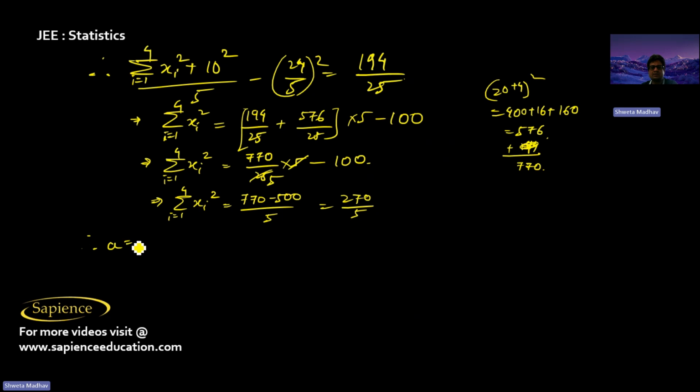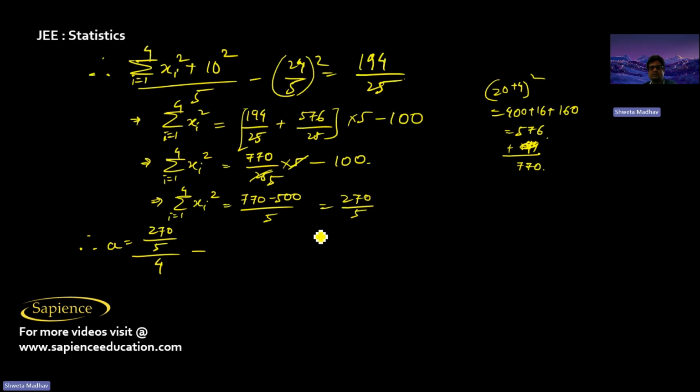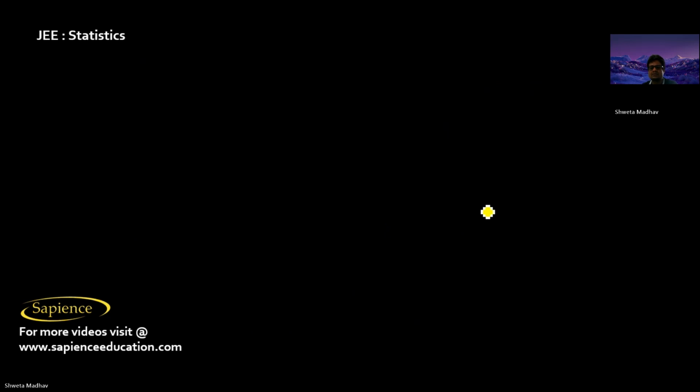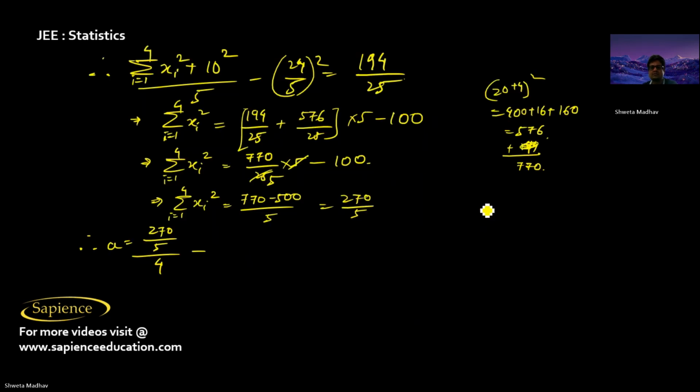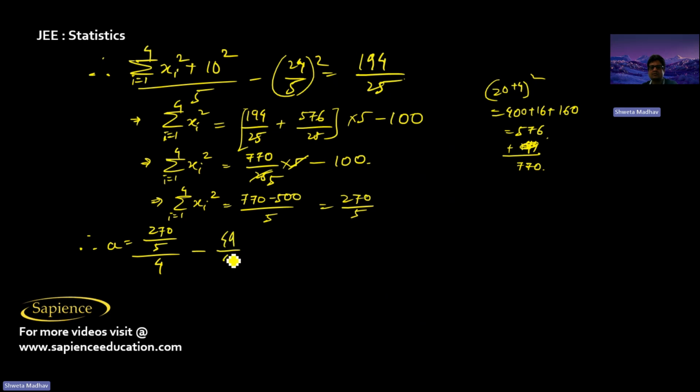Therefore, A will be equal to 270 by 5 divided by 4, minus 7 by 2 whole square, which is 49 by 4.